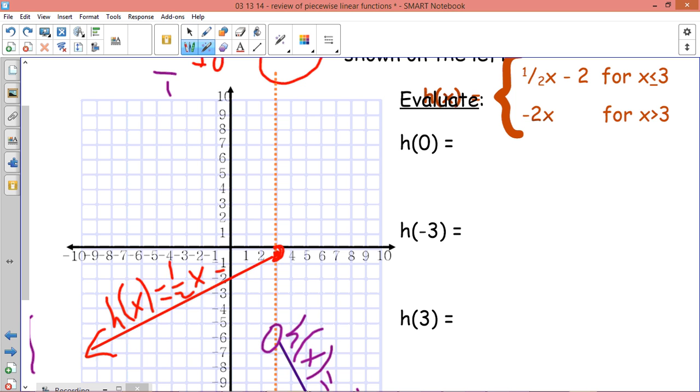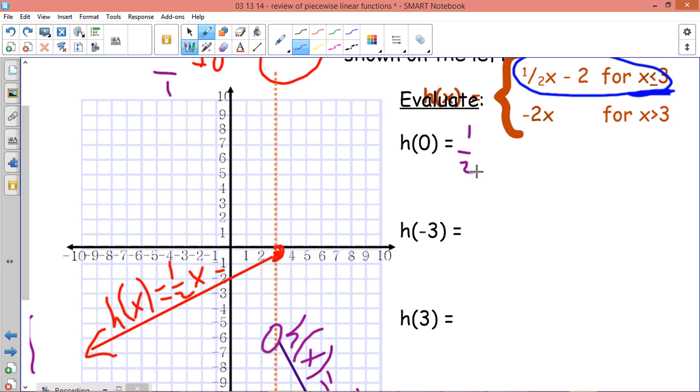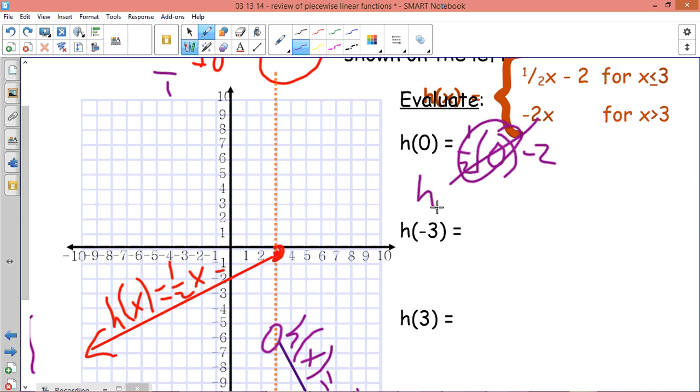Well, for h of 0, 0 is going to be less than or equal to 3. So I'm going to use this first equation, 1/2 x minus 2. And so h of 0 is 1/2 times 0, minus 2. 1/2 of 0 is just 0. So h of 0 is going to be just negative 2.